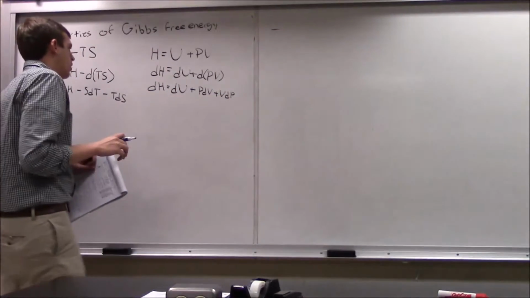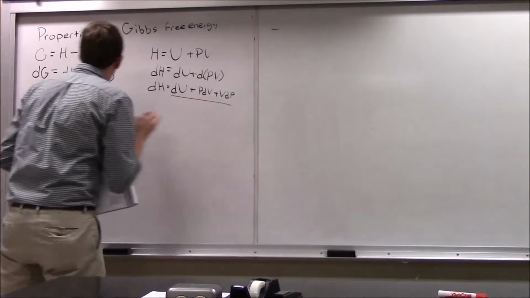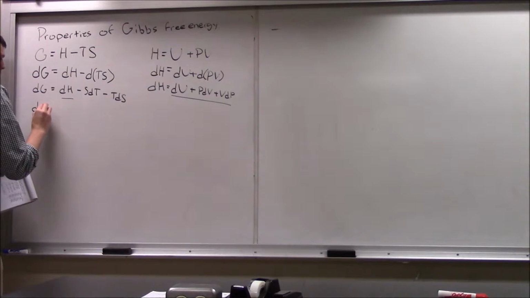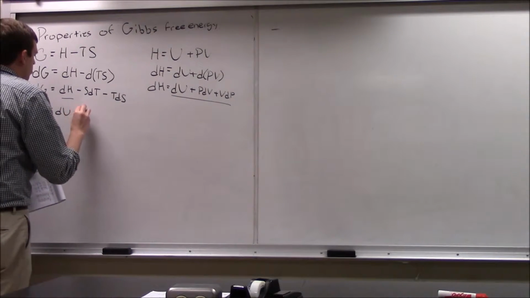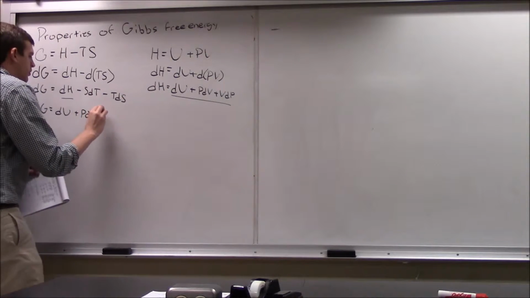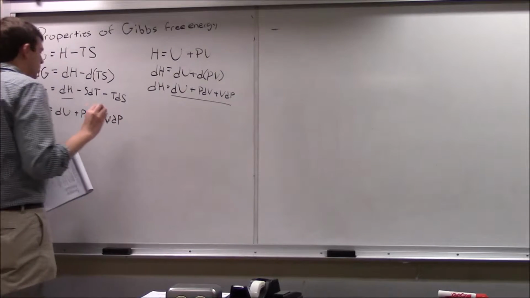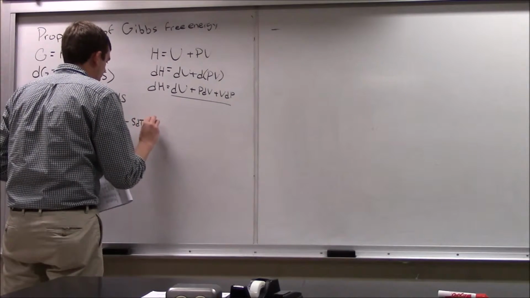Okay, so ultimately we're going to plug this into here. And so what we get is dG is now equal to dU plus P dV plus V dP, minus S dT minus T dS.